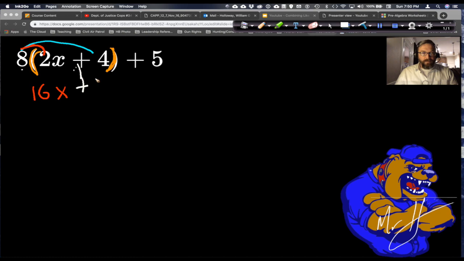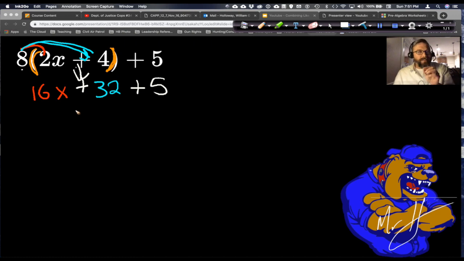sign, so I drop that down, and then I have my 8 times 4, and we know 8 times 4 is 32. And then I'm going to rewrite the rest of the problem. Now, remember, like terms don't always have to have a variable. Okay, so I could draw the model here for 16 x's, but I'm going to assume that because there's no other x's, you guys realize that we can't really do anything.